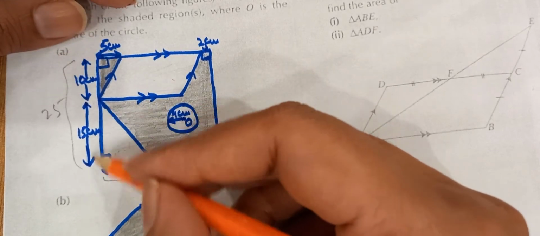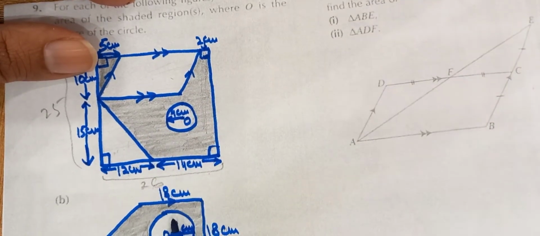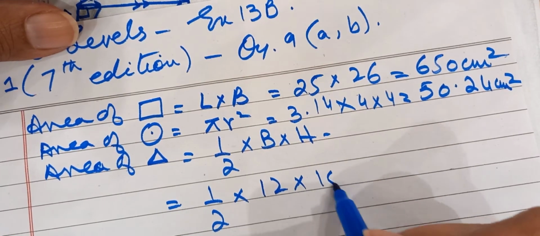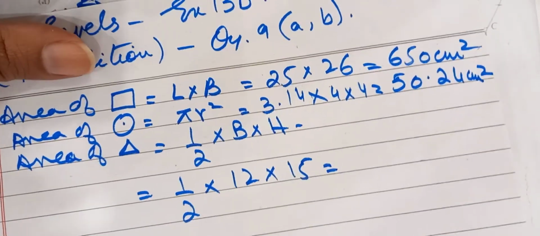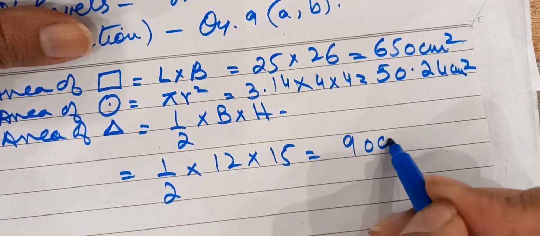So height from here to here is 15 and base is 12. So I write base 12 and height 15, and when I calculate it, I get my required result, which is 90 centimeters square.